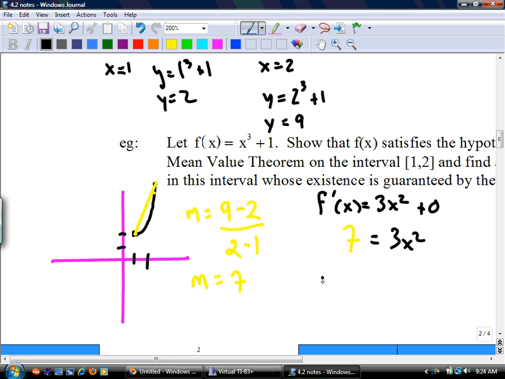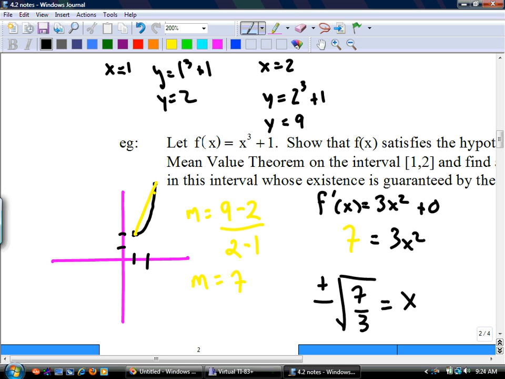Plus or minus the square root of 7 over 3. Which one do you keep? Plus. Why? Because it's in the domain. It's in the interval that you're interested in. Negative root 7 over 3 is not in the interval.